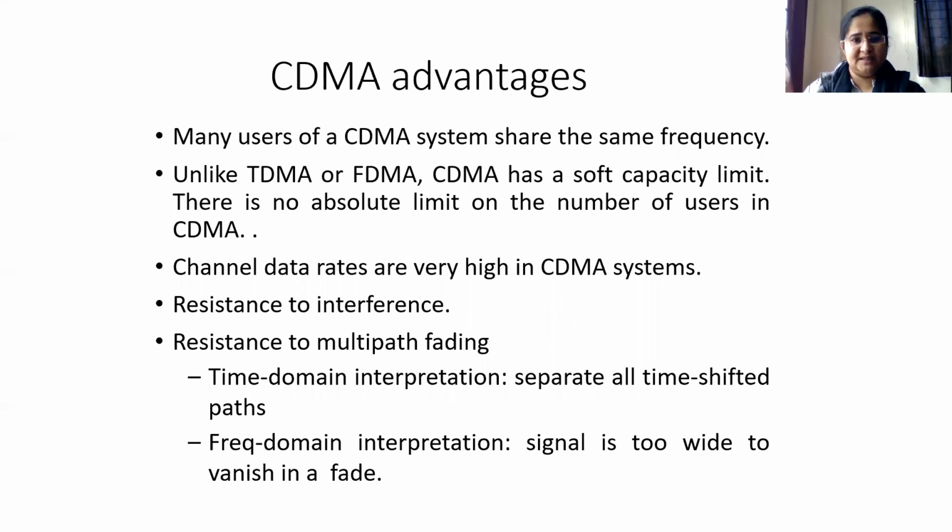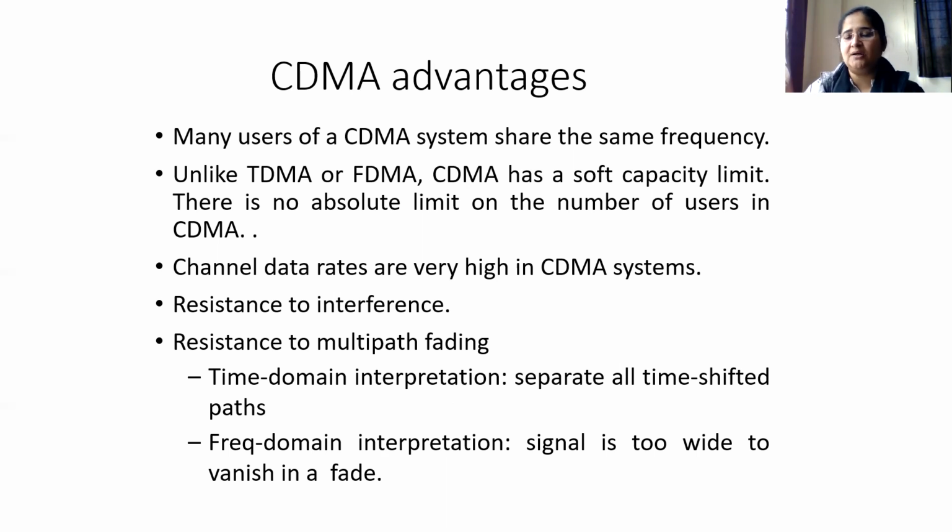Another important point is that, unlike TDMA and FDMA, CDMA has a soft capacity limit. That means there is no strict upper limit on the number of users that can be accommodated in a given bandwidth. Unlike in TDMA, where we have seen that a 200 kilohertz channel is used by 8 users only, there is an upper limit of 8 users.